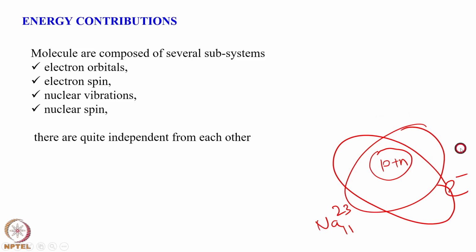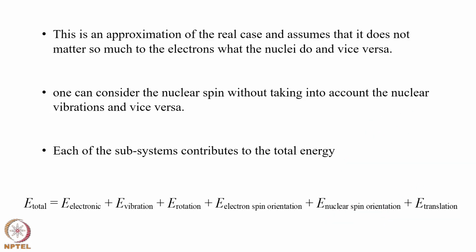The interesting part is that electronic spin and nuclear spin are quite independent of each other, and their energy levels are very different. So they do not interfere too much; there will be some influence, but electronic spin and nuclear spin work very differently.